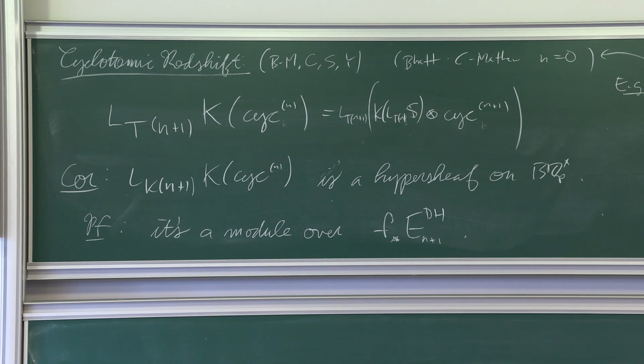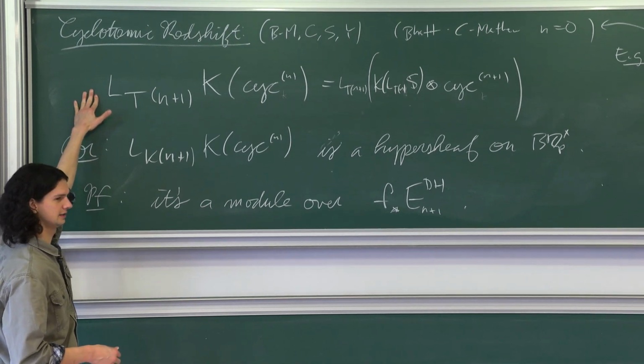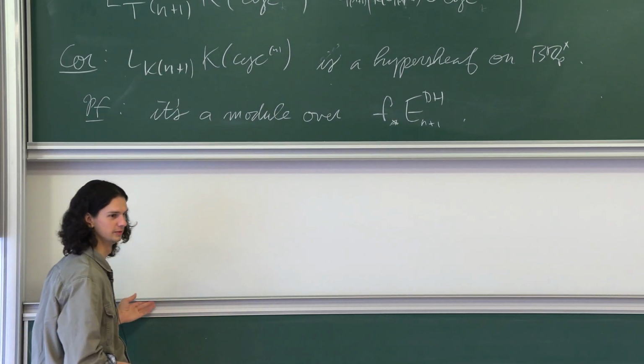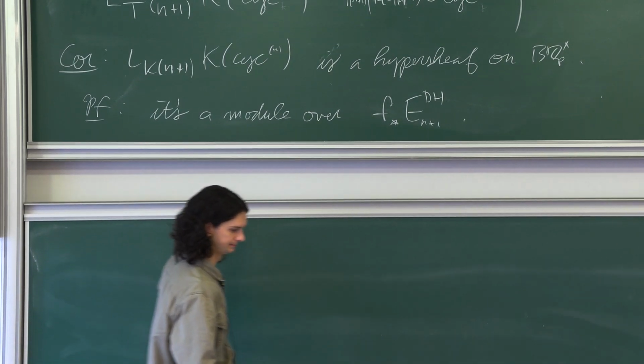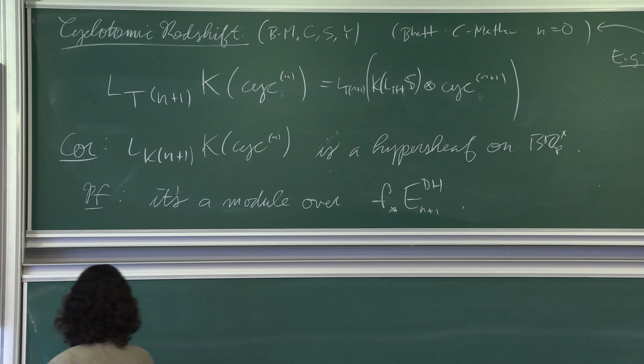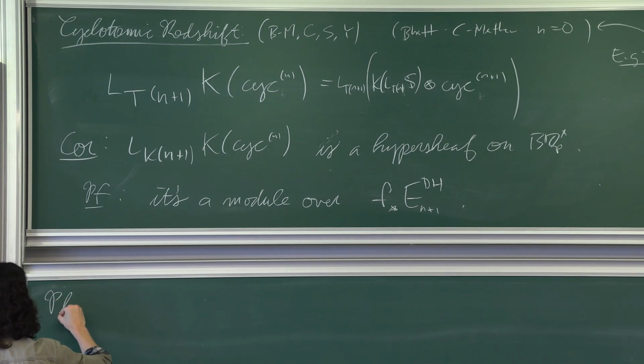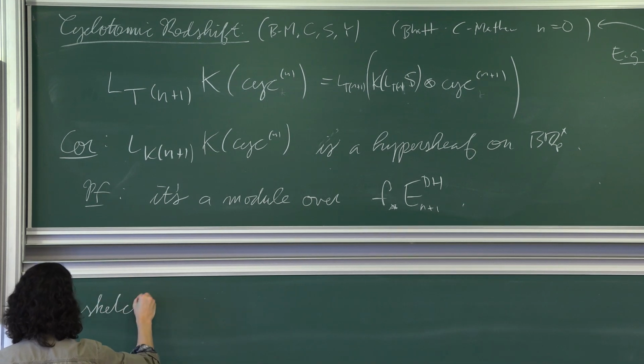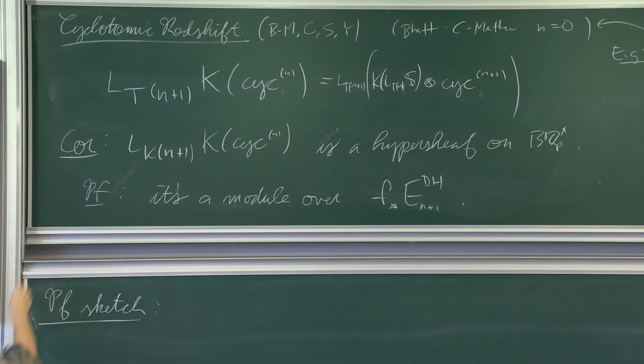Is this equivalence based on redshift of algebraic K theory? This one here? In a way. So let me give a sketch of proof. Proof sketch of the theorem, of the cyclotomic redshift.